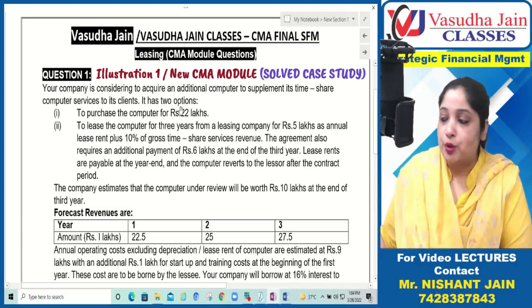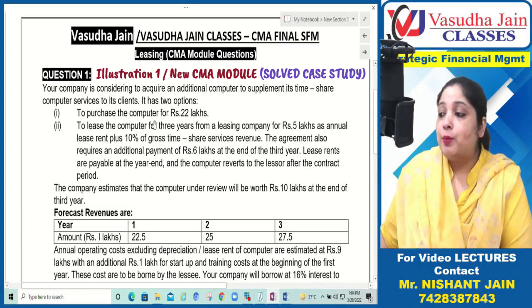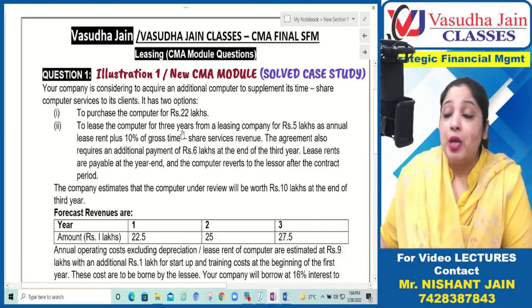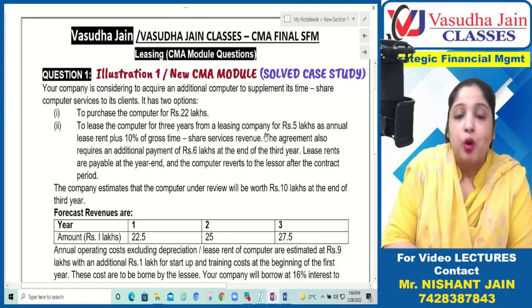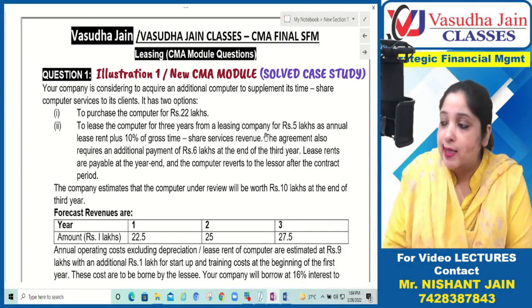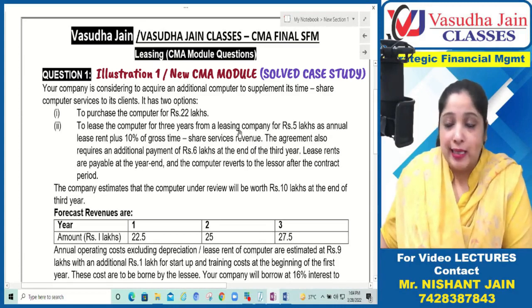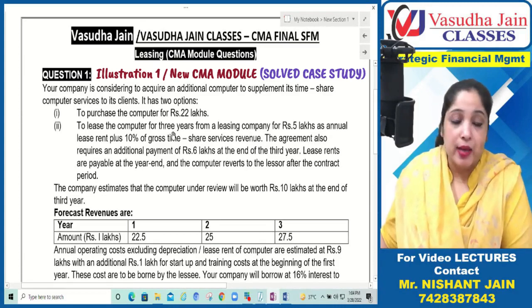It has two options: purchase the computer for 22 lakh, or lease the computer for 3 years from a leasing company. Either you can purchase it yourself or take it on lease. For how many years? 3 years. This is very important.